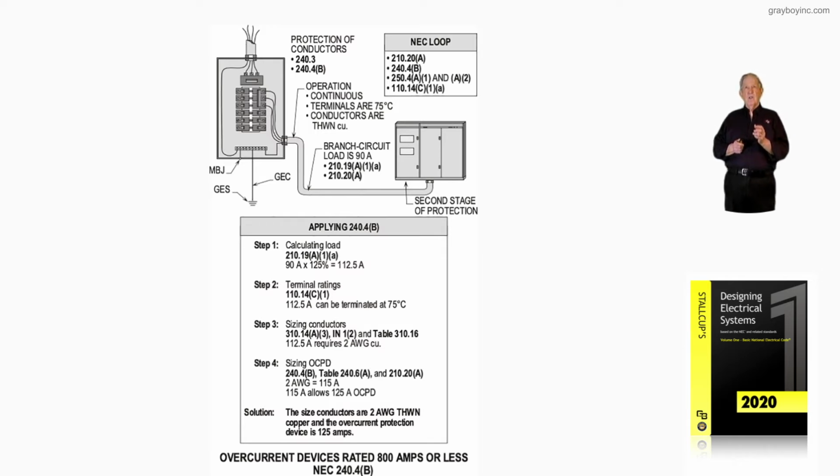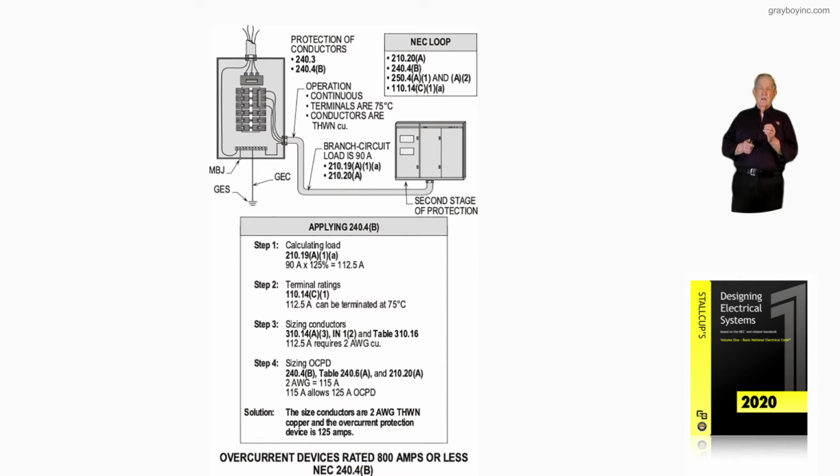Now, with this thought in mind, let's review the NEC loop together. 210.20(A) deals with the overcurrent protection for this circuit. 240.4(B) allows the roundup. 240.4(A)(1) through (A)(2) deals with this overcurrent protection scheme.